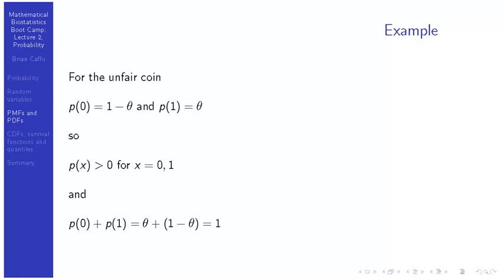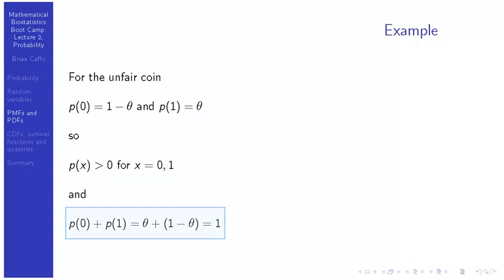So consider again the unfair coin. Our probability mass function satisfies p of 0 equals 1 minus theta and p of 1 equals theta. Let's go through the exercise to prove to ourselves that this is in fact a probability mass function. It's greater than 0 because it's 1 minus theta for 0 and theta for 1, and theta is between 0 and 1, so it's greater than 0 for x equals 0 and 1.